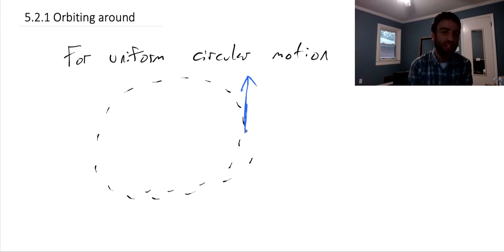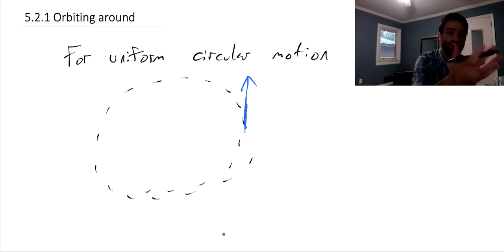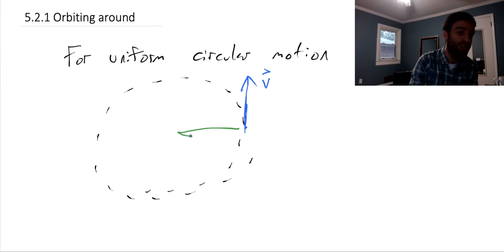And if there was no centripetal force, then the satellite, or whatever is undergoing this uniform circular motion, would just continue flying off in whatever direction it's pointing at instantaneously, right? That's how inertia works. So if this is the velocity, we know that there has to be some force pointing towards the center of the circle, some centripetal force. And for planets and orbiting objects, that force is supplied by gravity.